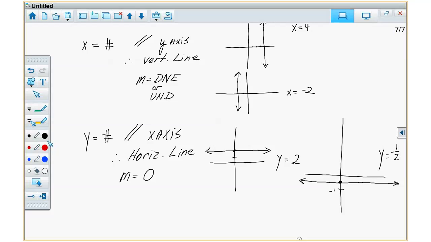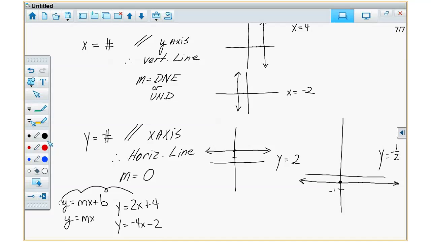So if you ever have y is just equal to a number, in the first couple of pages as notes, we had y is equal to mx plus b. And we had y is equal to mx. And we had y is equal to 2x plus 4. And we had y is equal to whatever, -4x minus 2.